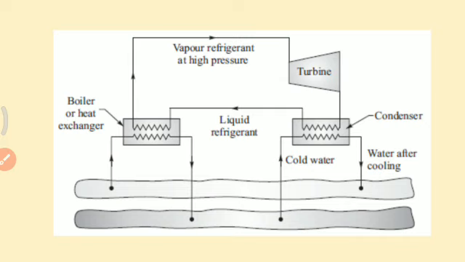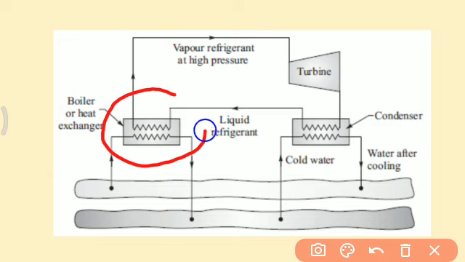So in this system, the water from the upper surface of the ocean is passed through a heat exchanger, and this heat exchanger gets the heat energy from the water of the upper surface of the ocean and transfers this energy to the principal liquid here, which may be ammonia or propane.